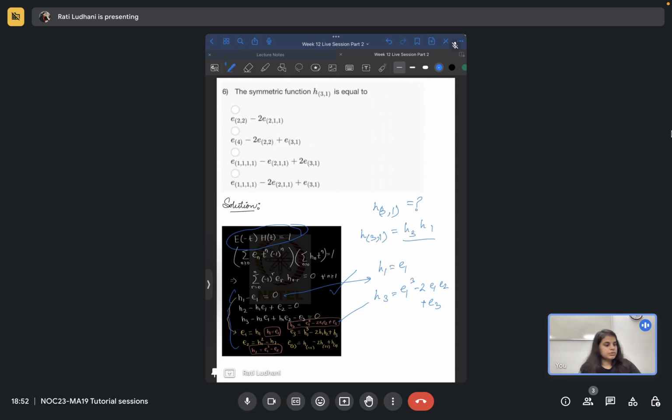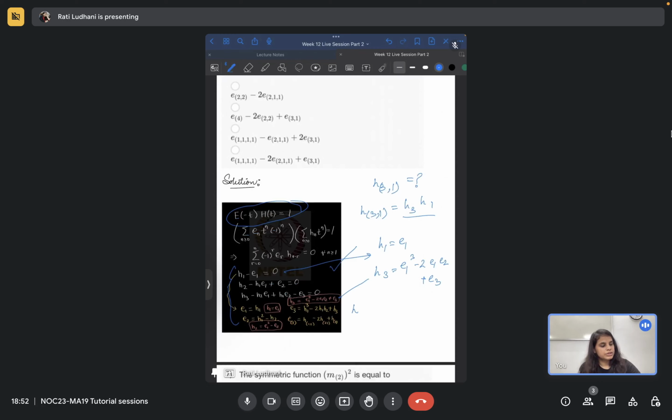So h3 into h1 is e1 cube minus 2 e1 e2 plus e3 into e1. We multiply by this. What will we get? e1 to the 4 minus 2 e1 square e2 plus e1 e3.